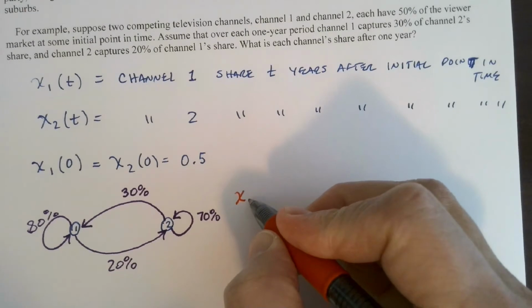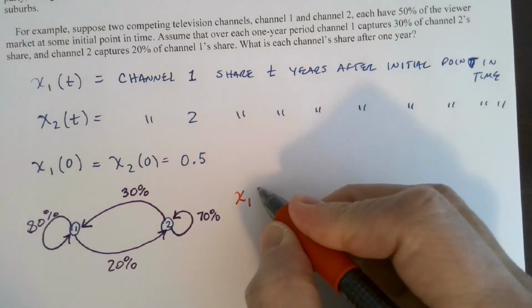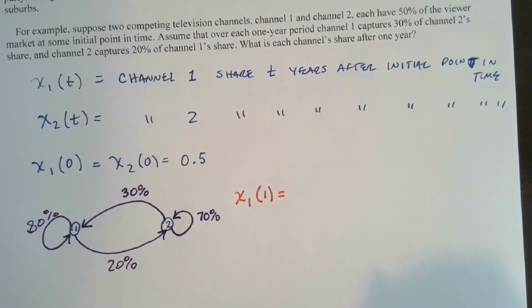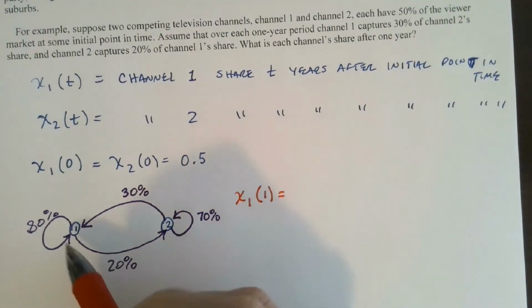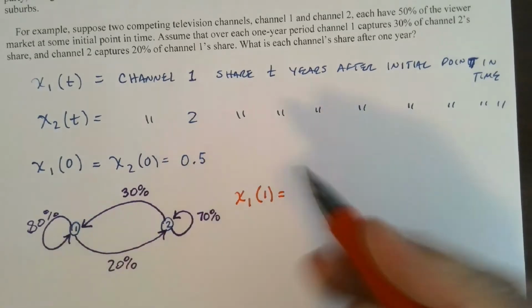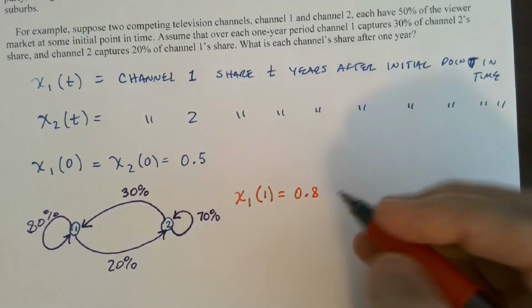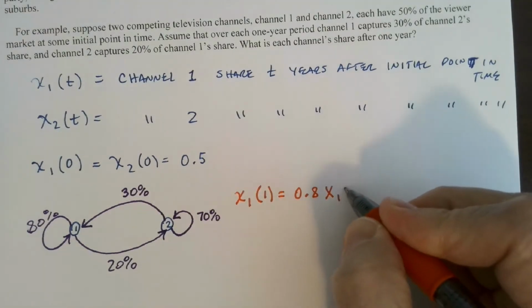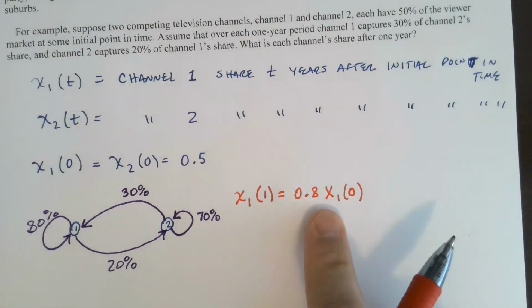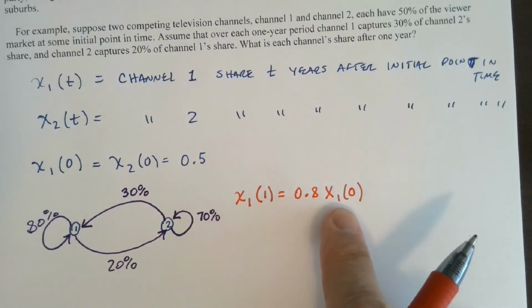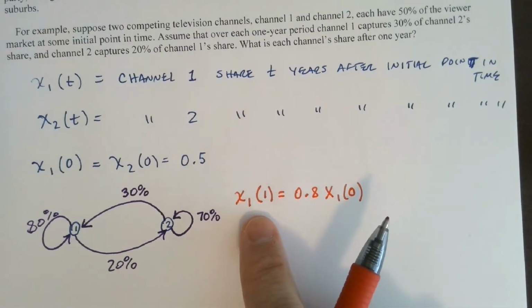the viewer share of channel 1, 1 year later, so when t is 1, is going to be what? Well, first of all, 80% of the channel 1 viewers stay with channel 1. So 80% of the channel 1 viewers initially, which is x1 in year 0, therefore we'll have 80% of those staying with channel 1 a year later.